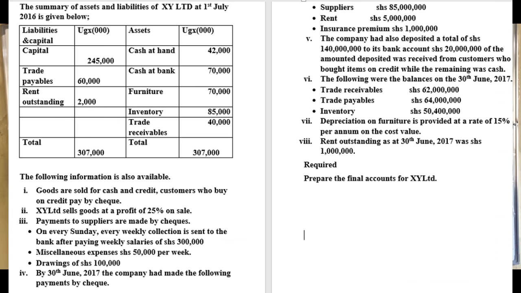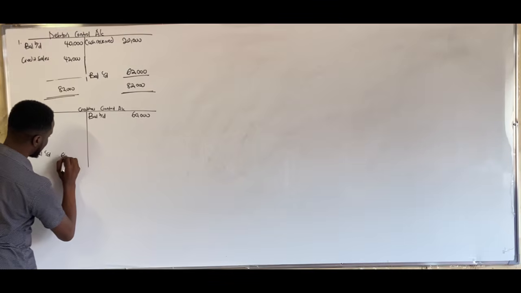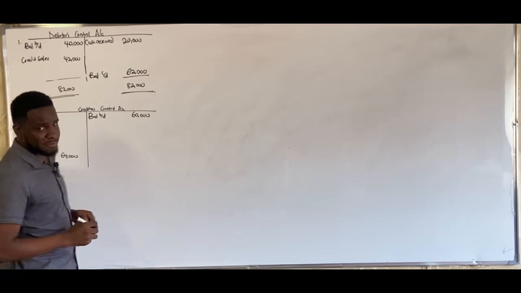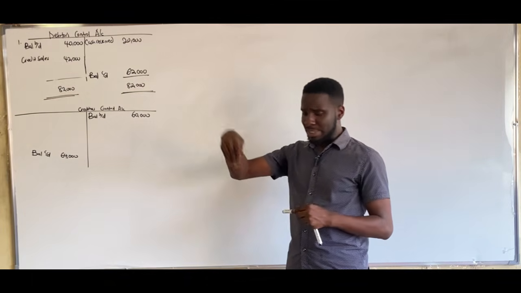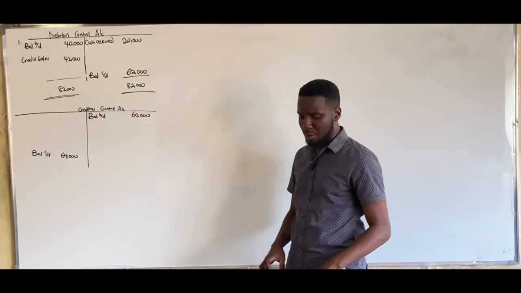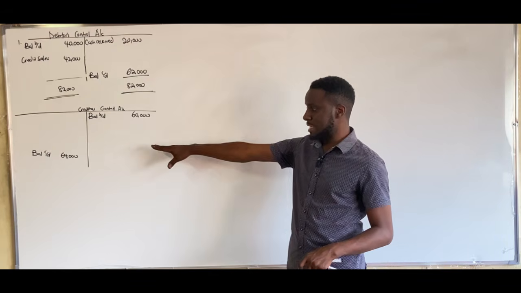For the payables, it is 60,000. Then our balance carried down for the payables is actually 64,000. Now, this 64,000 is given to us down the question, the lower part of the question. That's where we are going to find the 64,000.